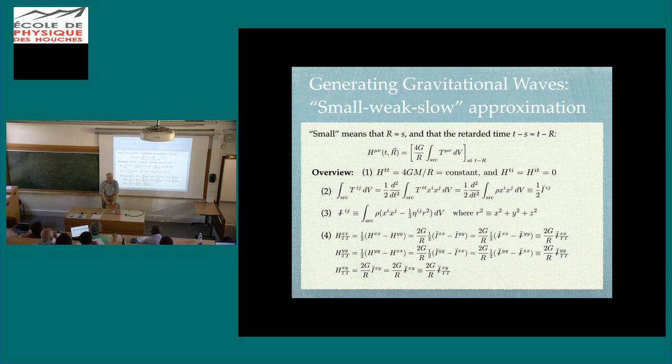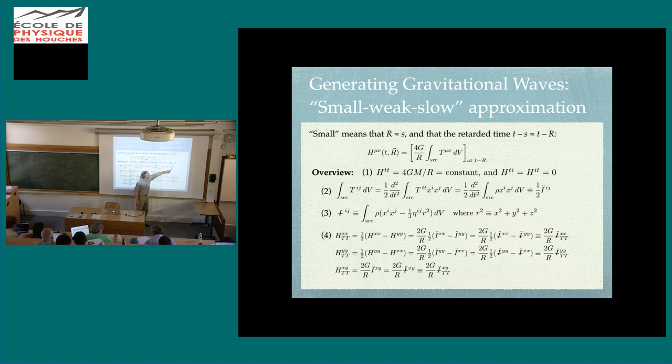Now that trick is just math, and I did it in the printed version of this talk, but I'm not going to duplicate it here because it's really tedious and it's lots of steps, but I'm happy to go over it with anybody who really wants to know. But this is a fantastic trick because this is basically the density times these positions, and that thing is the quadrupole moment tensor for your object.